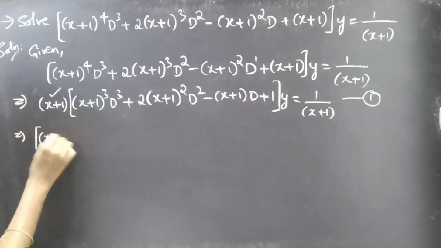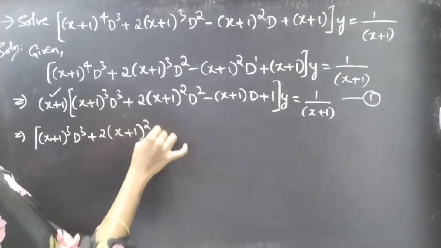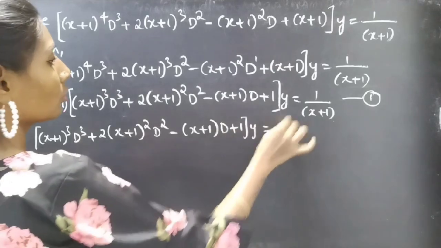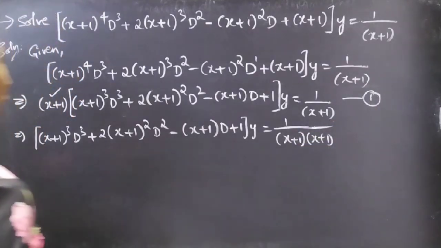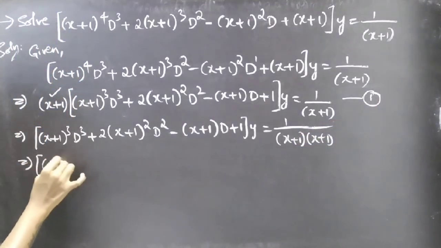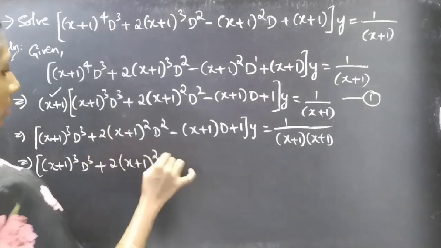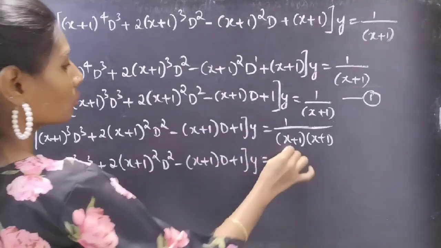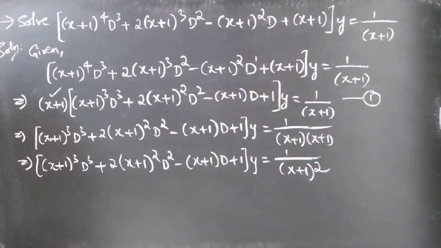Then you'll get (x+1)^3 D^3 + 2(x+1)^2 D^2 - (x+1) D + 1 y = 1/((x+1)(x+1)), which gives us 1/(x+1)^2. So this is of the Legendre's equation form.